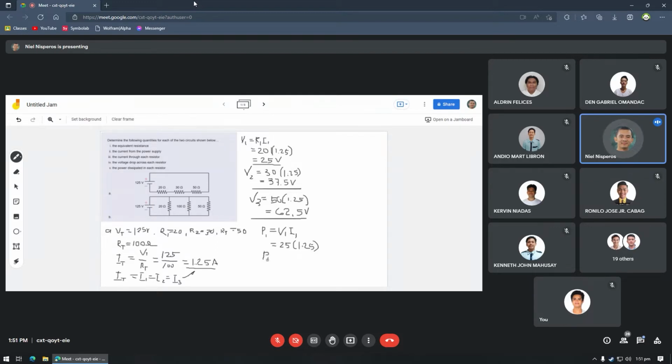So how much is the power dissipated across R1? 31.25, sir. So we have 31.25 watts.